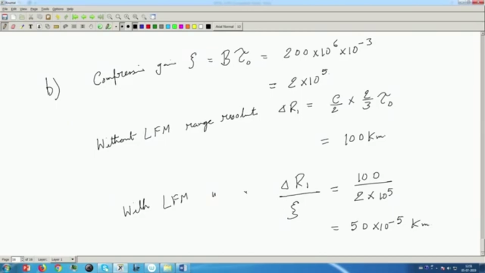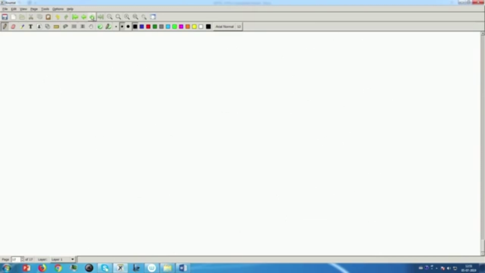So, now we can calculate the range error divided by the compressed pulse range resolution.